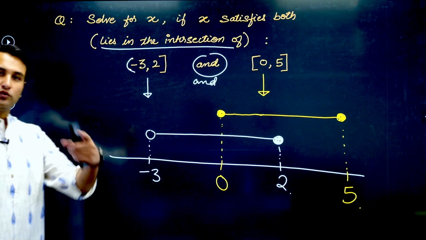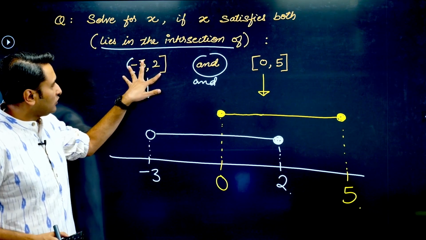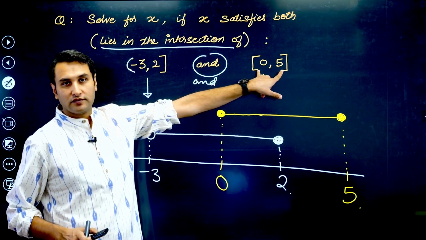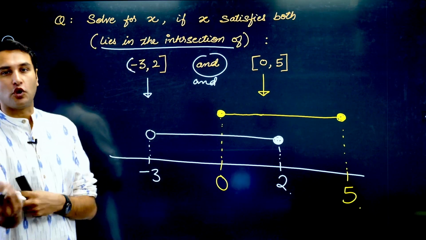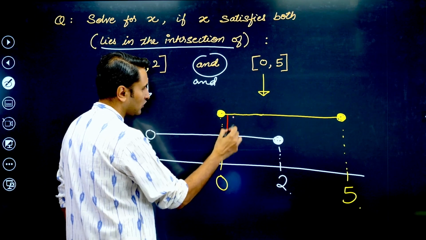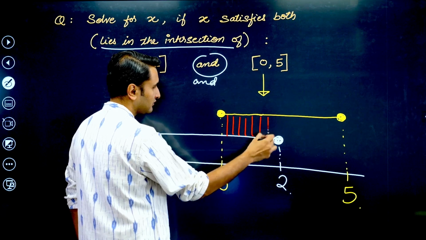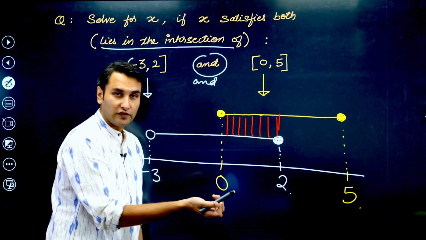Right. Now can you tell me, so this is Kunal's house, this is Achin's house. Can you tell me the corridor, the compound between the two, the common portion between the two? Very simple. This is the common portion. Do you see? This is the common portion in terms of numbers.